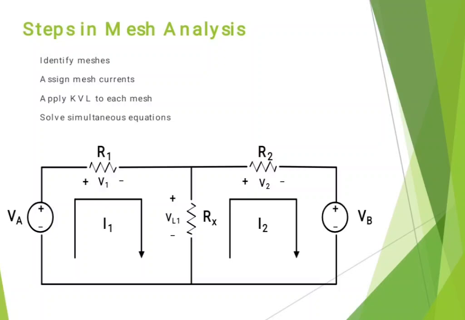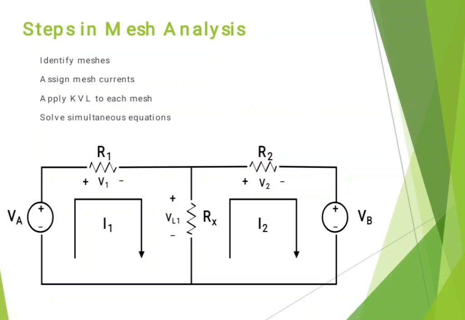If the mesh current direction is already given, use the given direction. If not, assume it clockwise. Once the current directions are assumed, apply Kirchhoff's voltage law to each mesh.